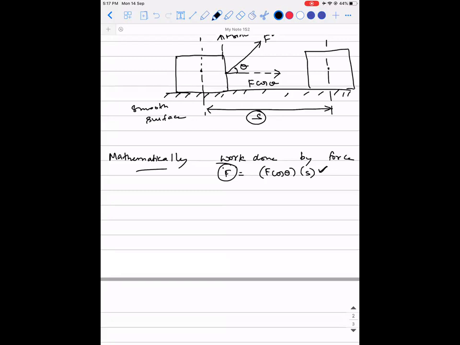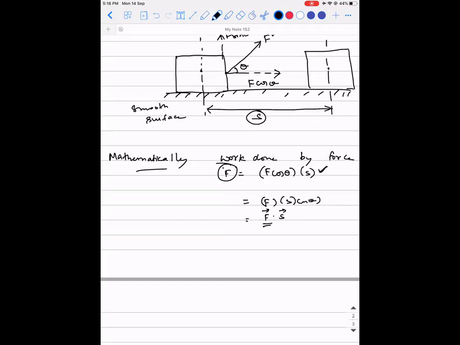It is F cos theta into S, or we can write it as F S cos theta. We know that F is a vector and displacement is a vector. So what product between the vectors is going to give you cos theta? Dot product. So you can write it as F vector dot S vector.